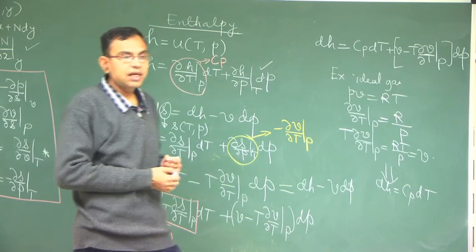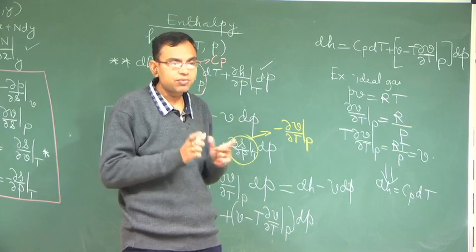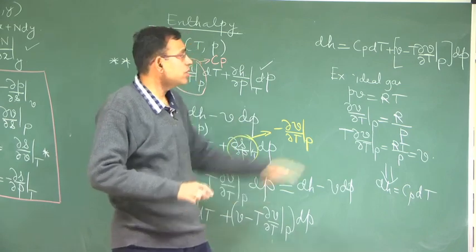So for ideal gas dH equal to Cp dT and dU equal to Cv dT, these two things we have derived, but we have more general expressions.